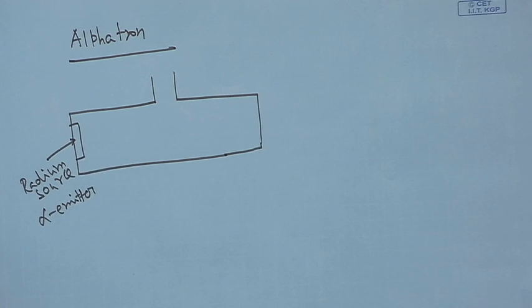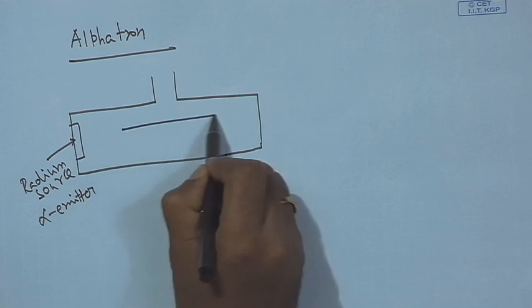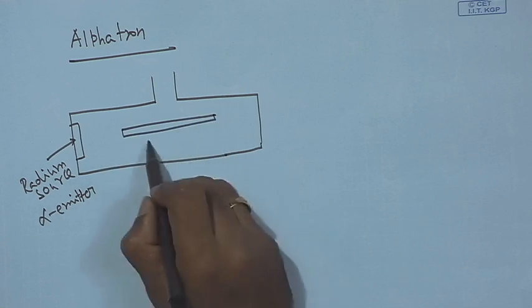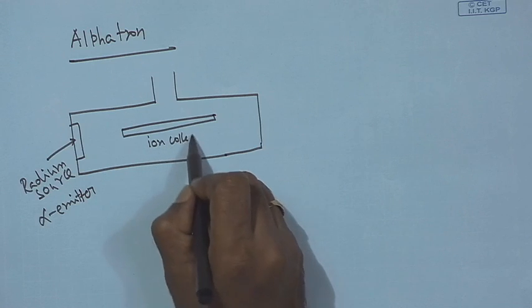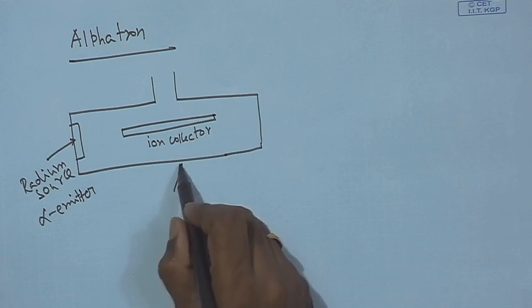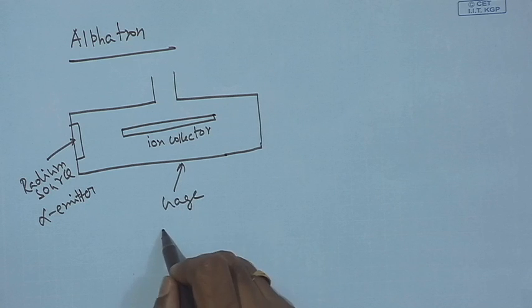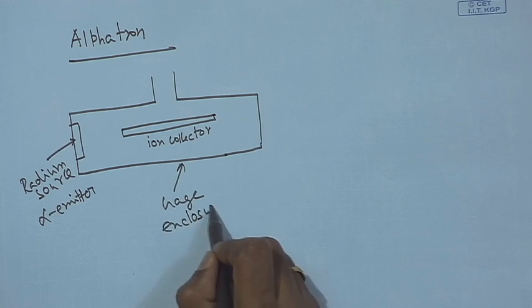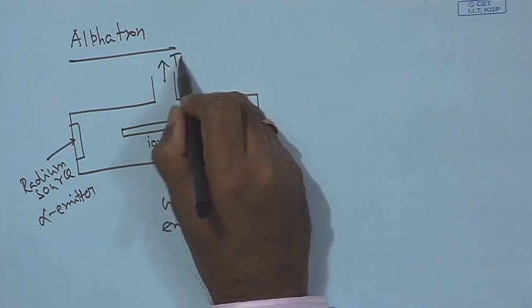The alpha particles will ionize the gas. So, we have the ion collector, the gauge enclosure, connected to vacuum.